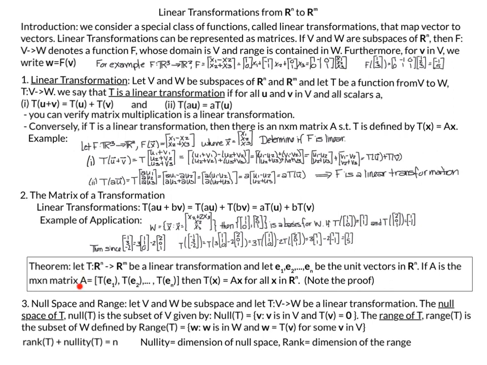To find a matrix A that represents our transformation, we simply looked at what the transformation did to a basis, and we chose the standard basis. And we did several examples where T of x is equal to the matrix A times x. And finally, we talked about null space and range, and we looked at the definition of the nullity, which is the dimension of the null space, and the rank being the dimension of the range, and we did examples with this in terms of transformations.